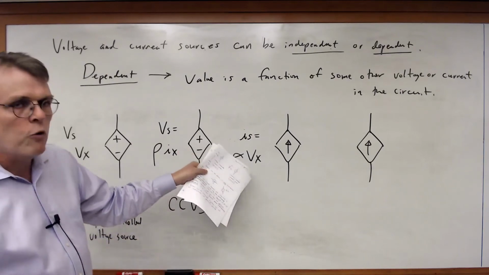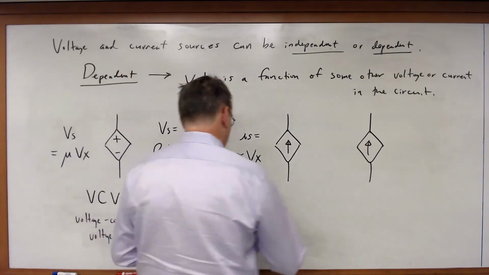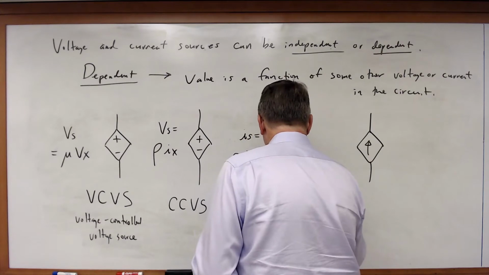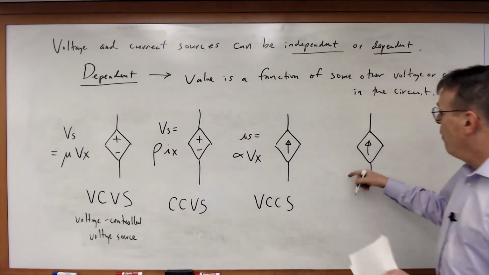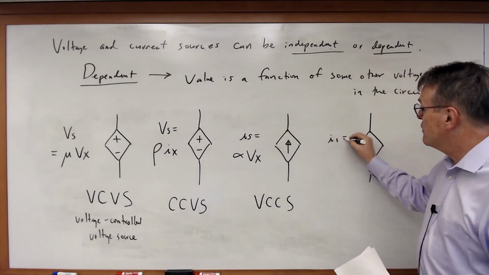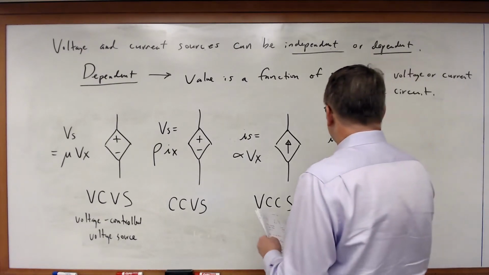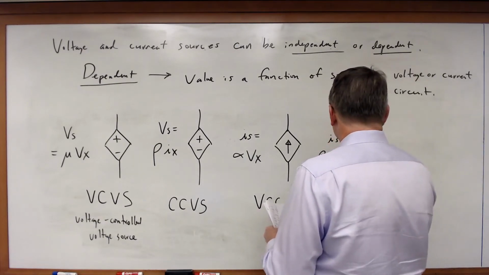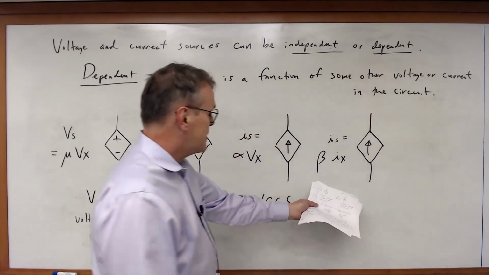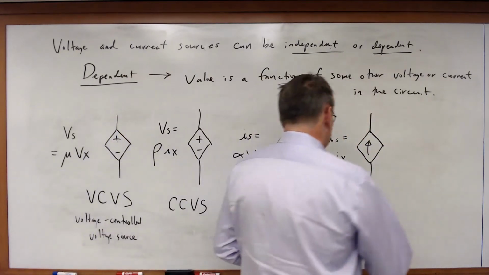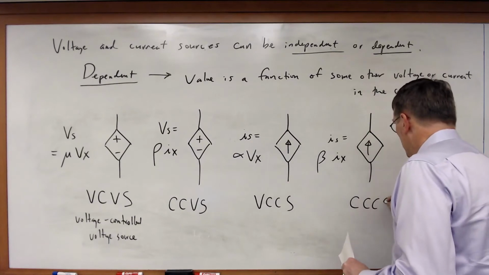This is a voltage-controlled current source, VCCS. Or Is may be a function of some other current in the circuit. It's equal to beta times Ix. In this case, it is a current-controlled current source.